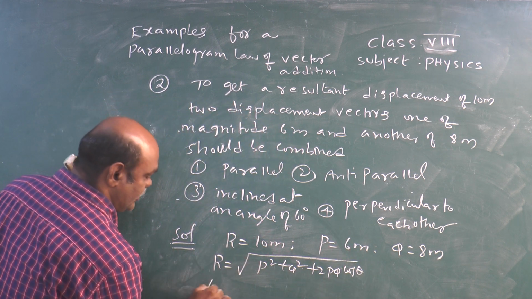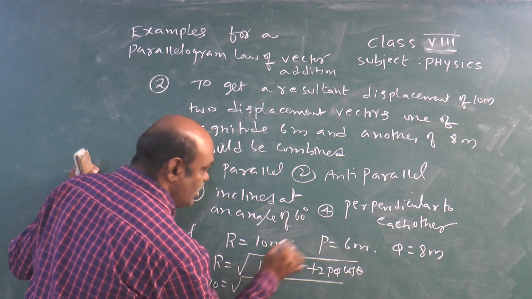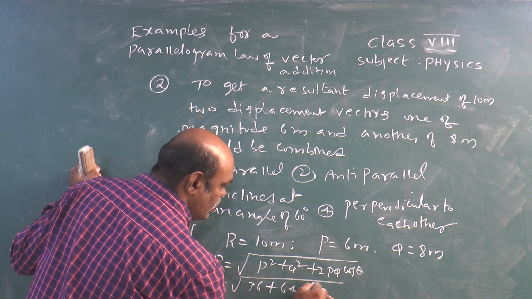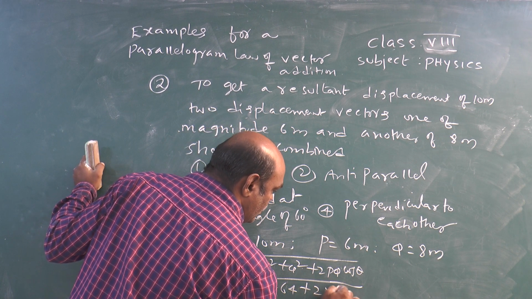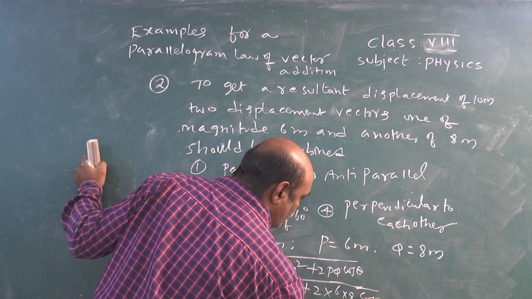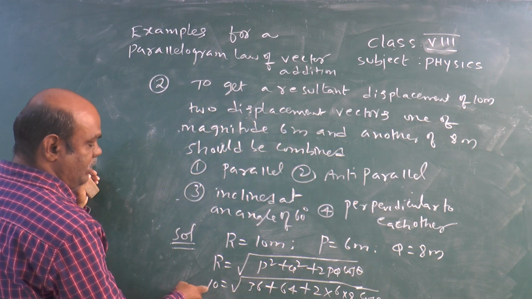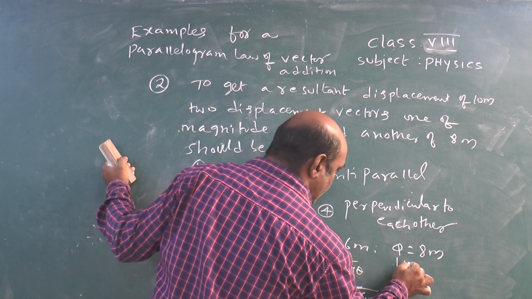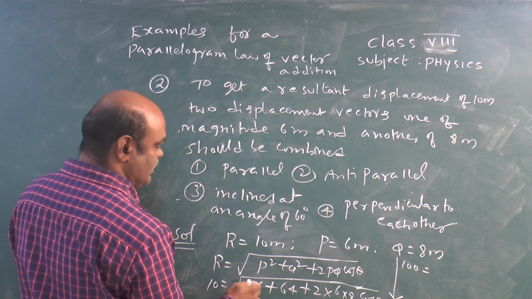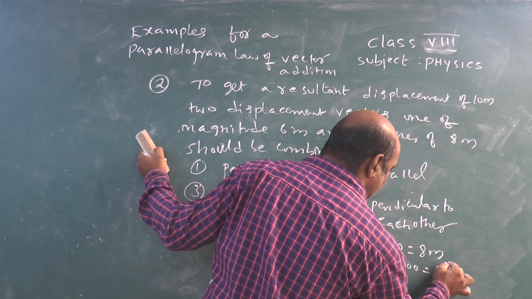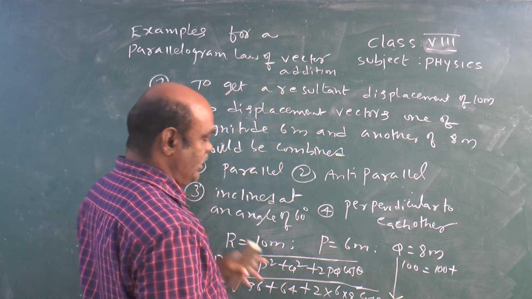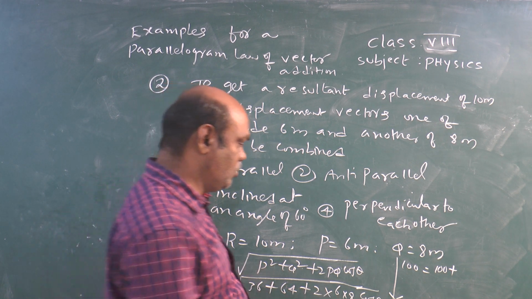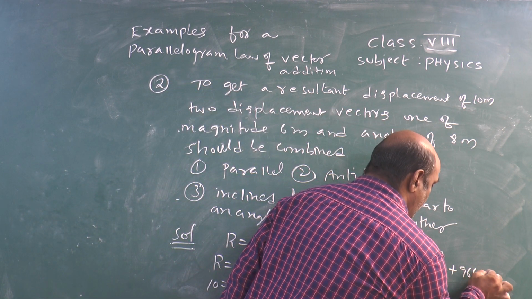Here R value is 10, equals the square root of P square 36, Q square 64, plus 2 into 6 into 8 into cos theta. Squaring on both sides, we get 10 square, 100, equals 36 plus 64, 100, plus 6 into 8, 48, into 2, 96 cos theta.